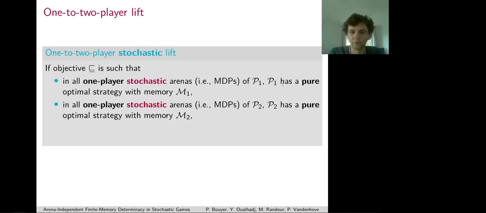And the first one is what we could call a 1 to 2 player lift. So the idea is that we will reduce the problem of memory sufficiency in 2-player games to the same problem, but just in 1-player games. And so a 1-player stochastic arena of some player is simply an arena in which that player controls all the states.